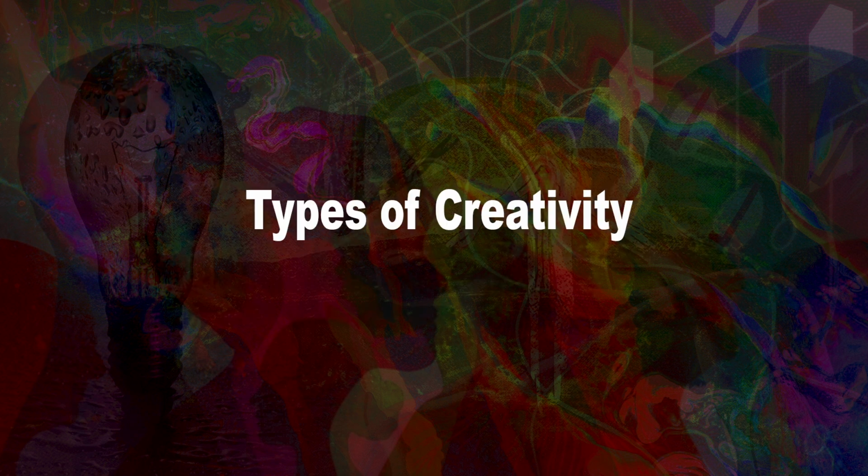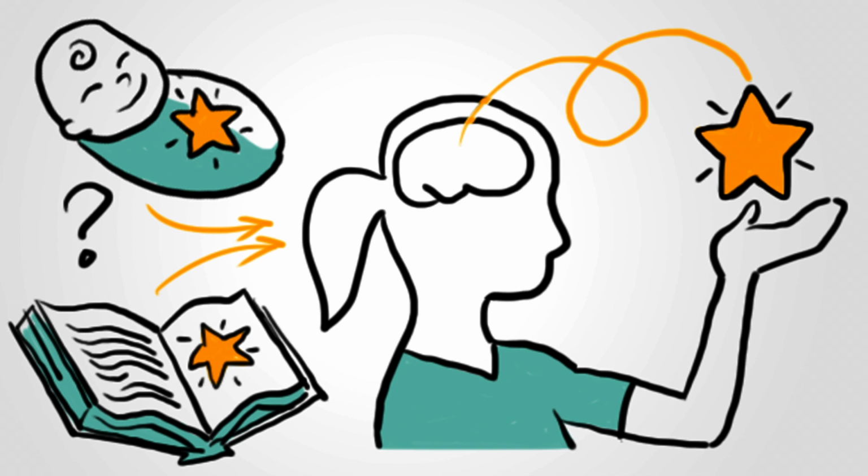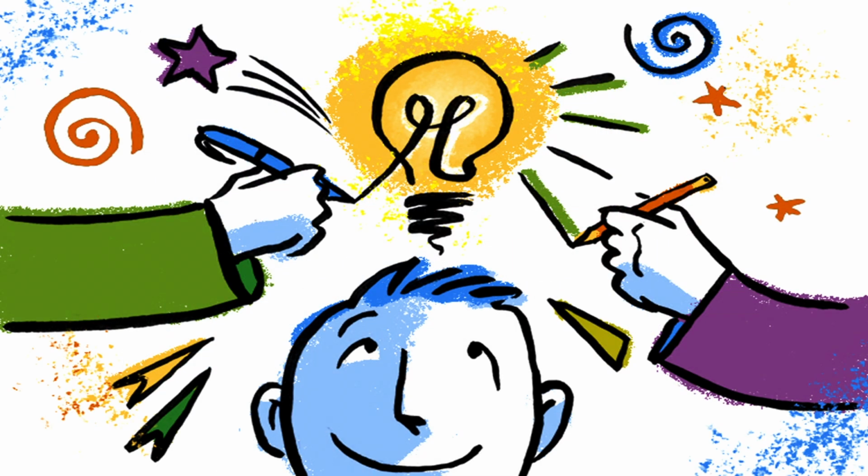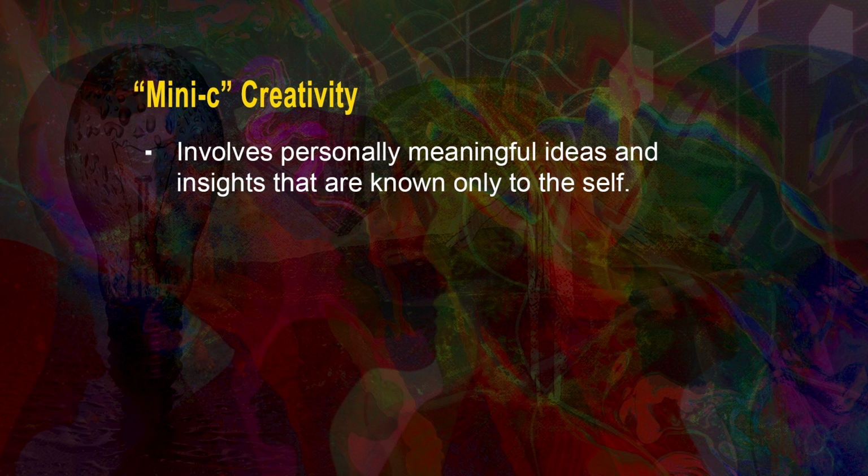Now, types of creativity. Experts also tend to distinguish between different types of creativity. The 4C model of creativity suggests that there are 4 different types. Mini C creativity involves personally meaningful ideas and insights that are known only to the self.